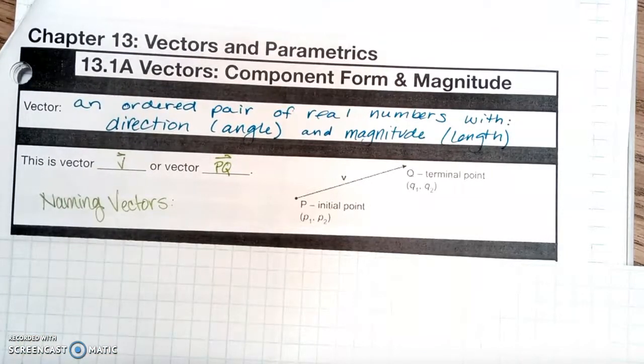Or you're going to see vectors with what we call the initial point and the terminal point. Sort of like a line can either be named with 2 points on it, or you'll see a little lowercase cursive line L or line M. That's two different ways we can name our vectors.